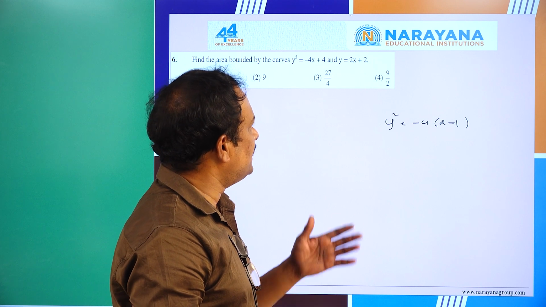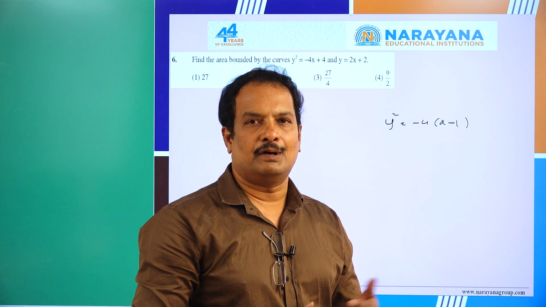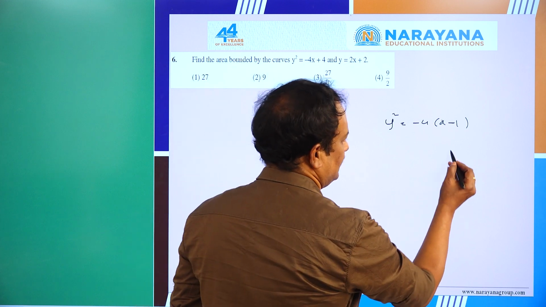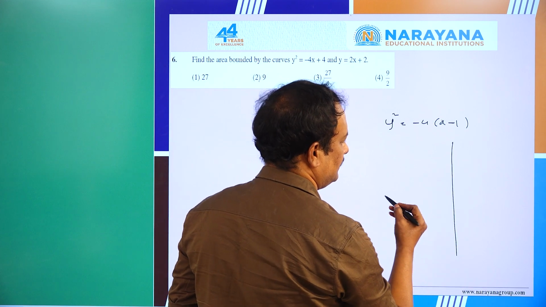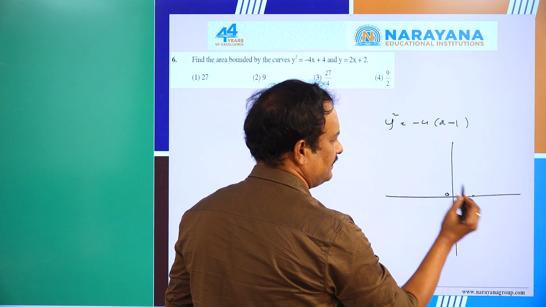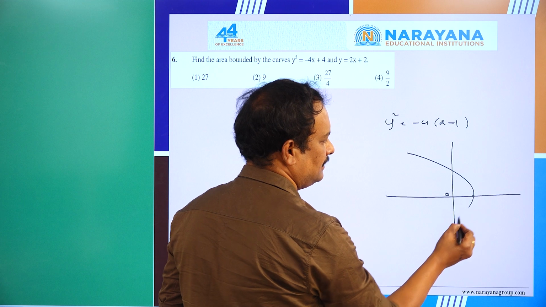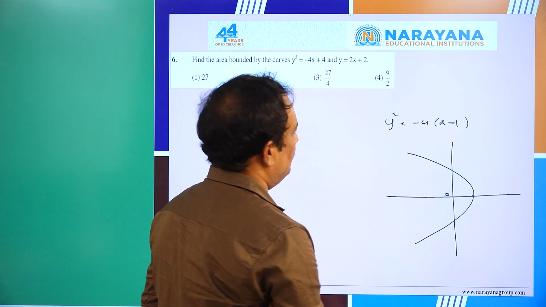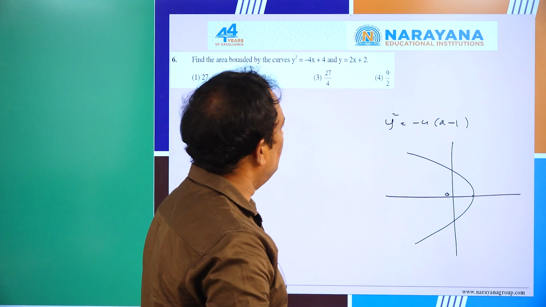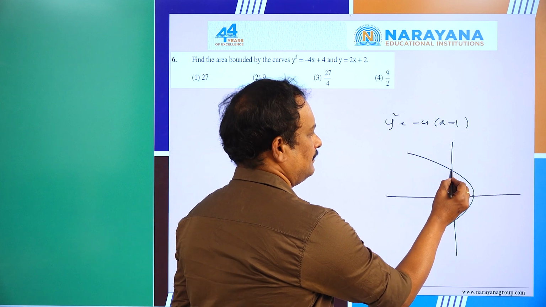Similarly, at what points the line and the curve are intersecting, this is what we are supposed to take up. As far as the diagram is concerned, here the parabola is opening to the west direction. This is the origin, of course (1, 0) somewhere here. So the parabola is something like this. As far as the line is concerned, it is having a positive slope, but at what point is it intersecting the y axis?